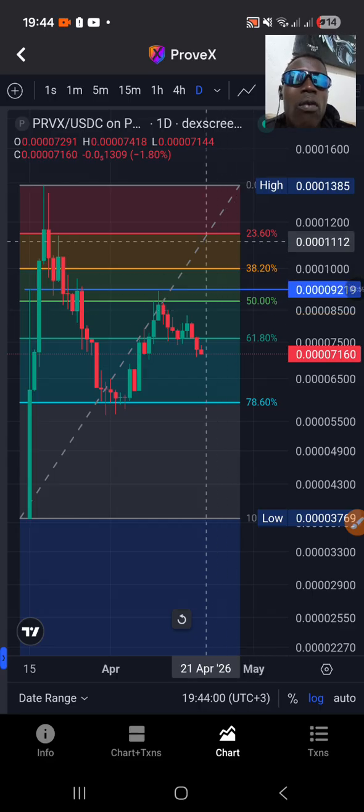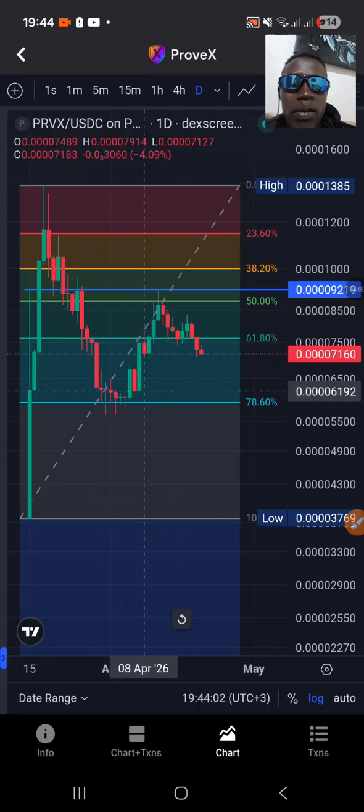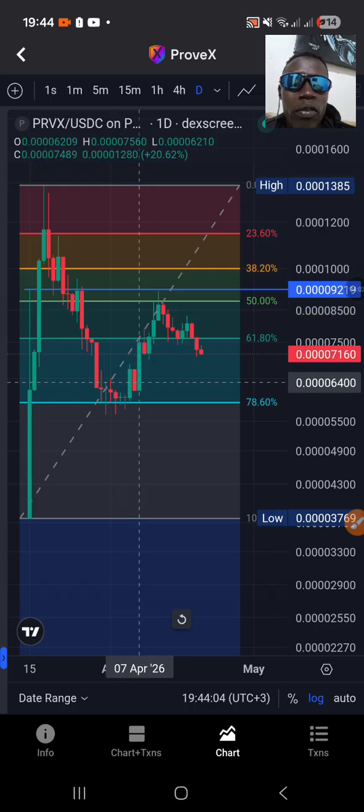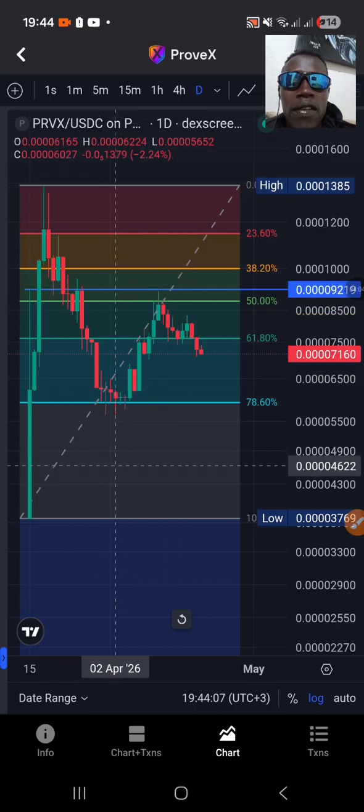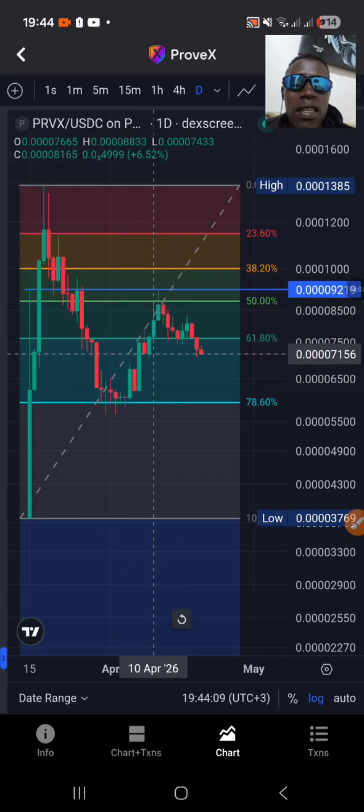What I understand about this price performance is that Provex is very volatile right now. It has just been launched, and we are going to see how it performs. It is still in the period of price discovery, because not a lot has been exploited out of it.